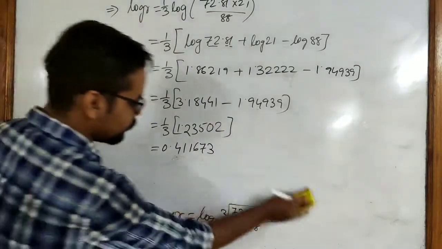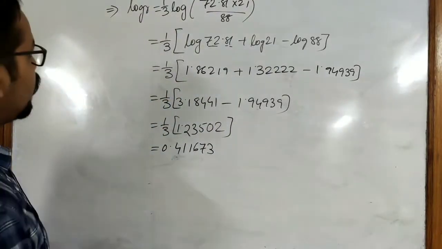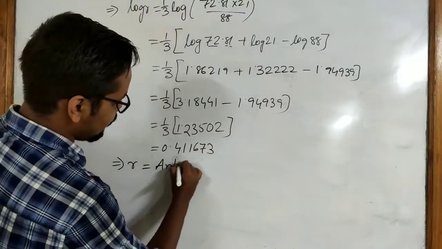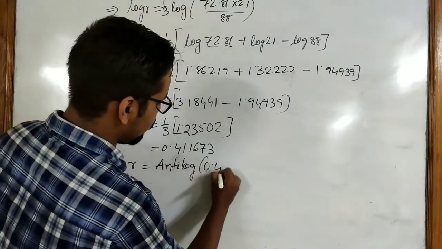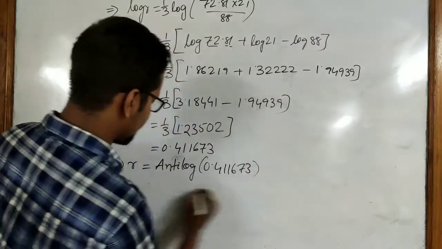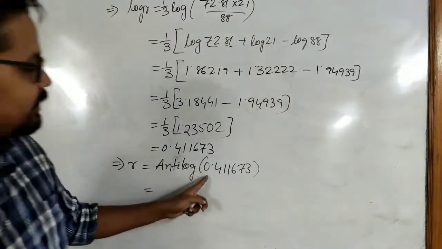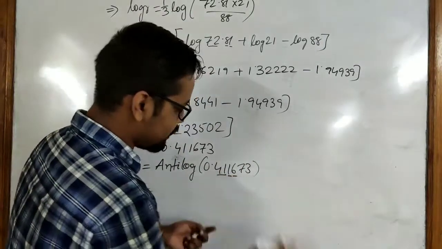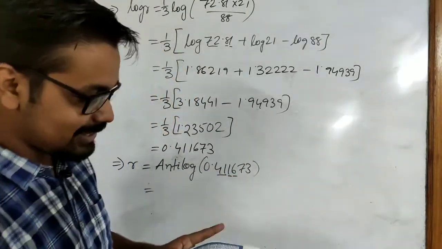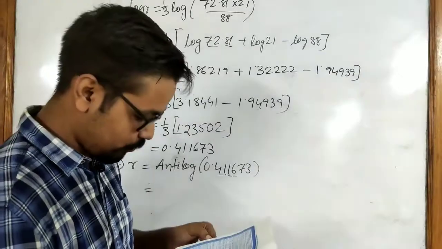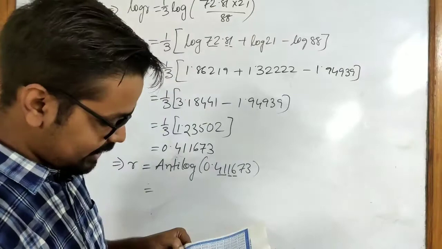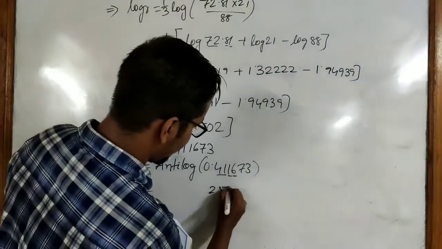So this is the value that we have for log r, and hence r is going to be the antilog of 0.411673. So here we have the characteristic as 0, so we will use that later. So we need to find 0.41, 1 and 6. So go to your antilog table and search for 0.41, and we have 1, 25704.